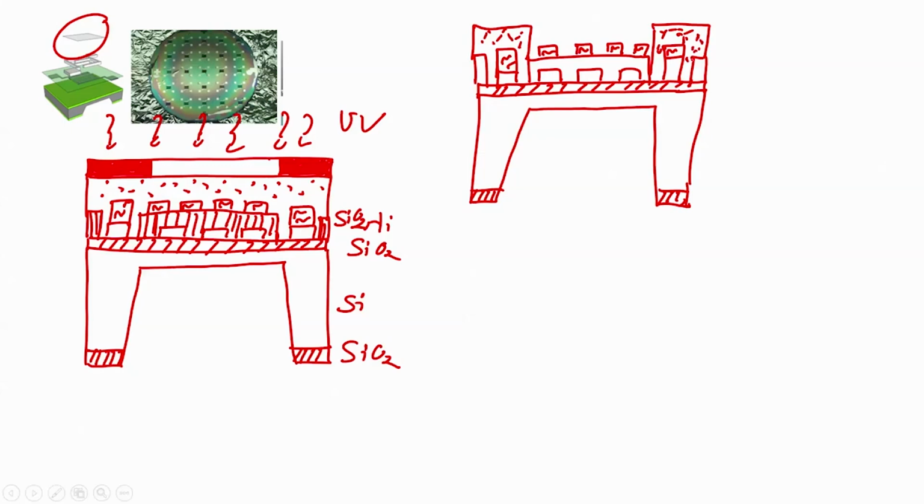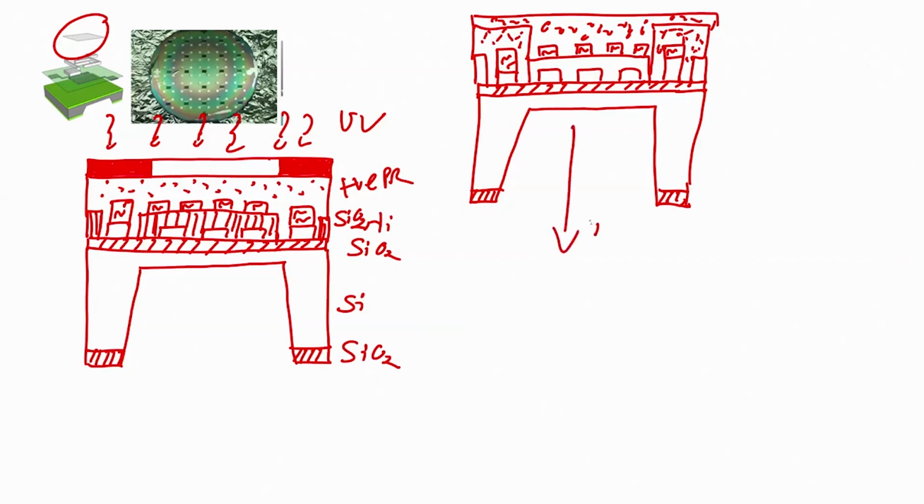I will get this kind of pattern, right. PR will get developed because it is a positive PR, and then I will deposit my sensing material on this. This is the top layer, like the circle is my sensing material.